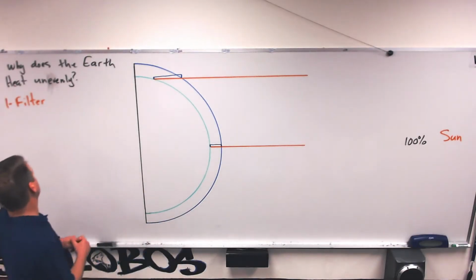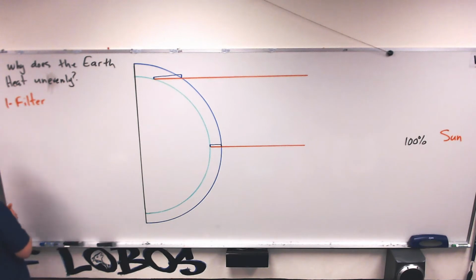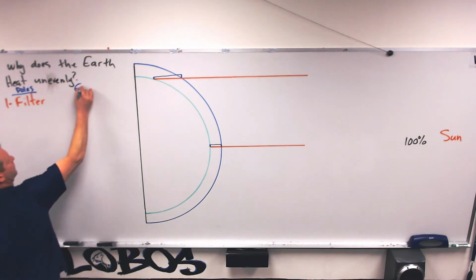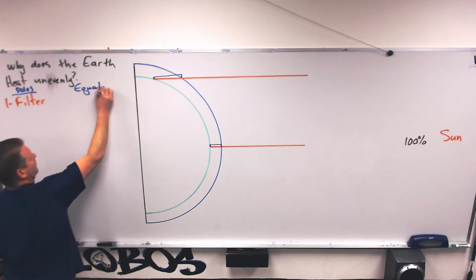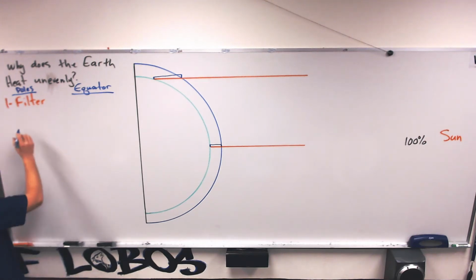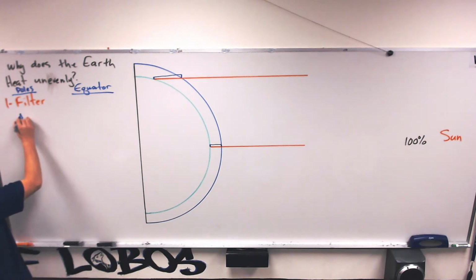I'm going to divide this up here. I'm going to put poles versus the equator. So when we look at filtering, poles, a lot.